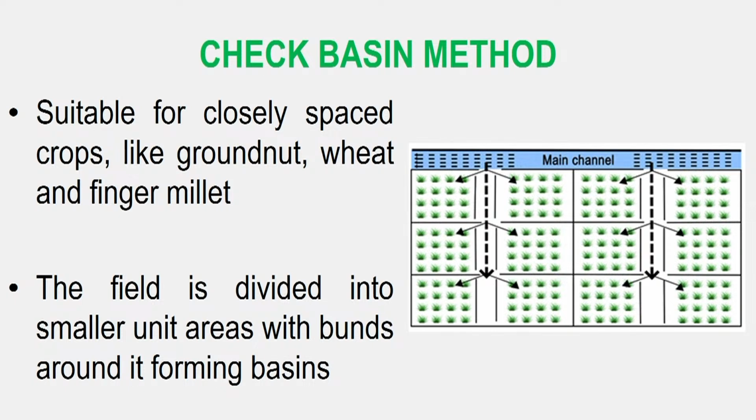The water flows from a main channel, then the sub channel, and then irrigation is provided to the whole land. However, in this check basin method the efficiency of irrigation is quite higher than the flooding method.